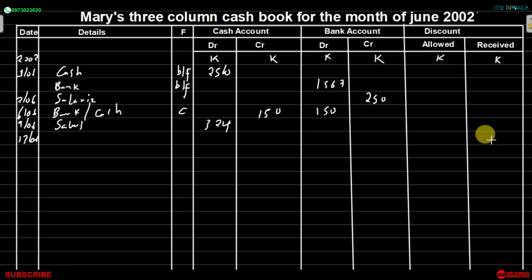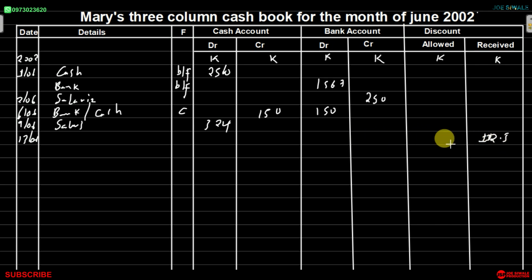So we have 112.5, and since we are paying Carol by check, that means that money was going out of the business. And to find our amount that we're going to record, we're going to say 450 minus 112.5.